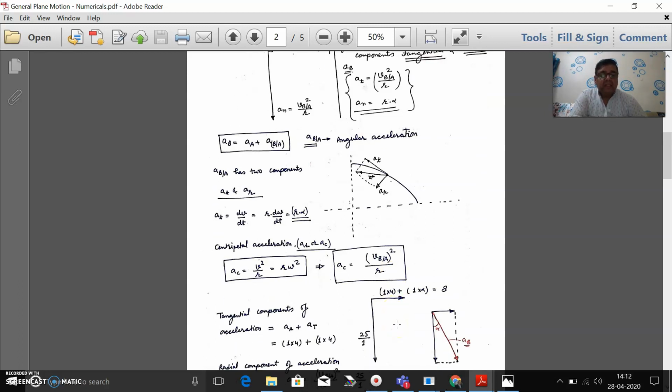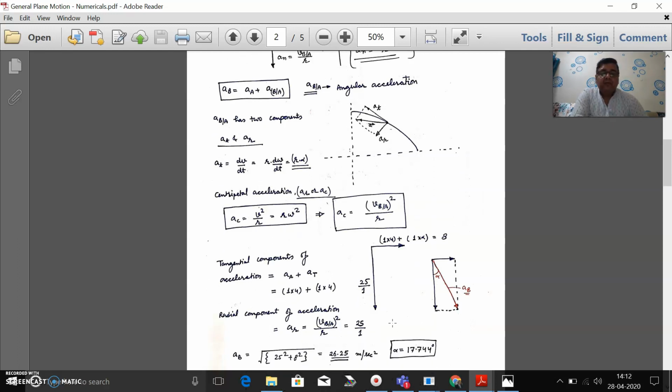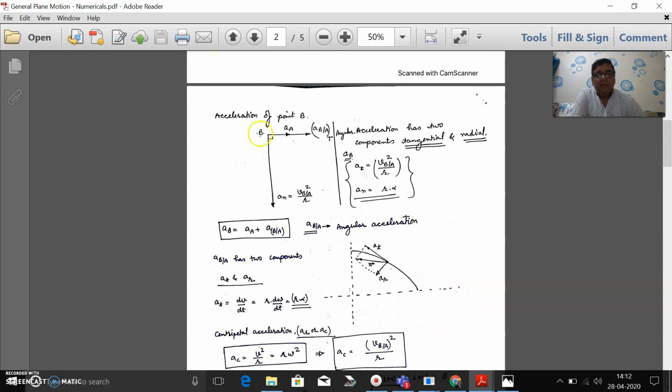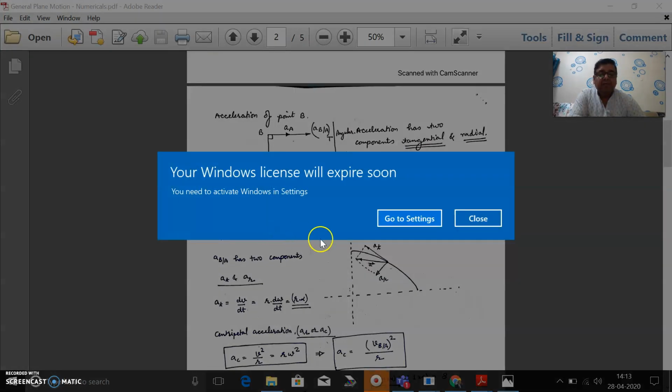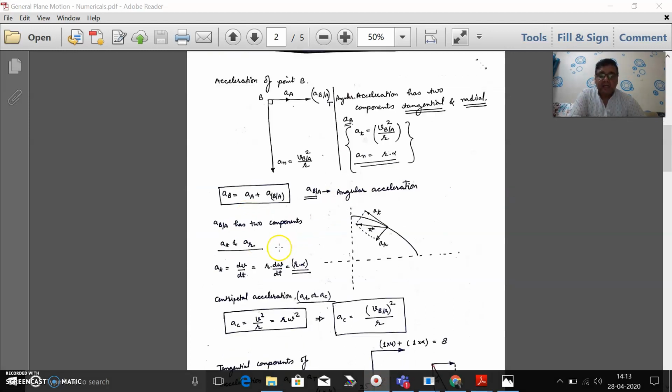So that means in case of calculation of acceleration, we have to calculate three different components. One component belongs to AA and the other two components belong to acceleration of B with respect to A. Okay, one component belongs to AA and two components belong to angular acceleration.